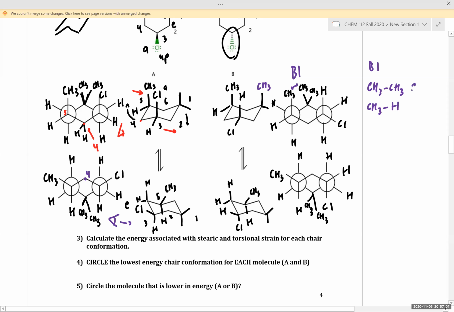So what's the energy penalty for a methyl-methyl diaxial interaction?